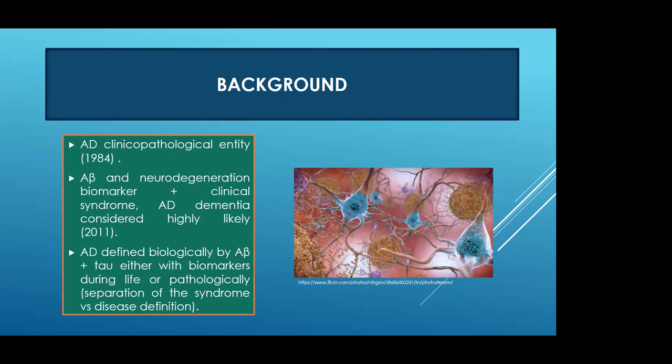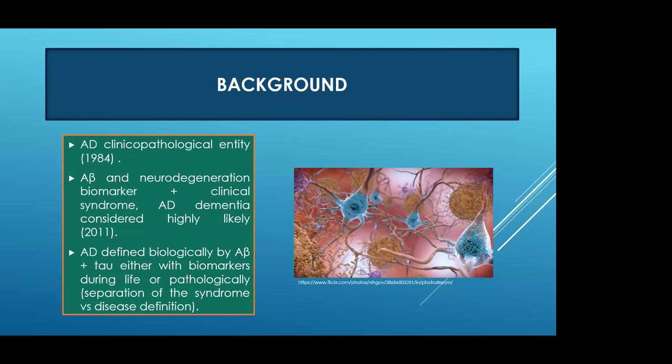Of course, with the advancing technology at that time, the possibility of in vivo detection of amyloid with PET scan, cerebrospinal fluid, as well as different tools to measure neurodegeneration, meant individuals could be better characterized as normal, mild cognitive impairment, or dementia per se.